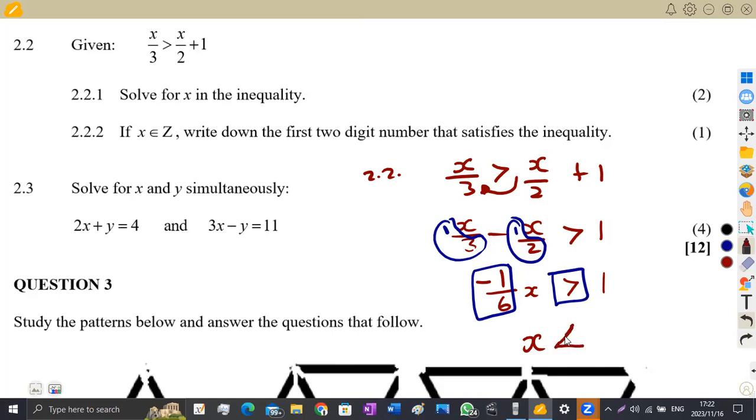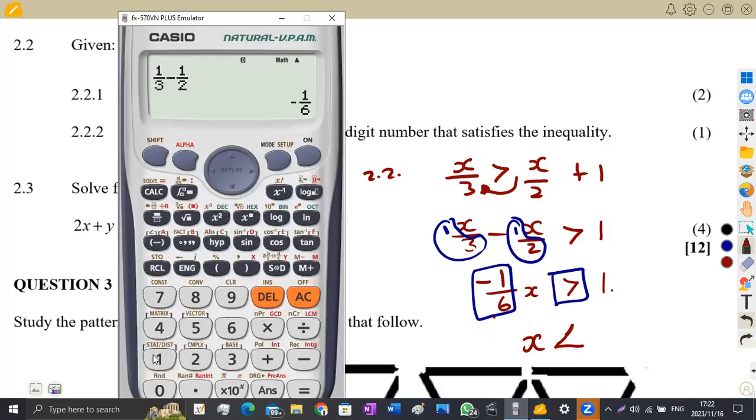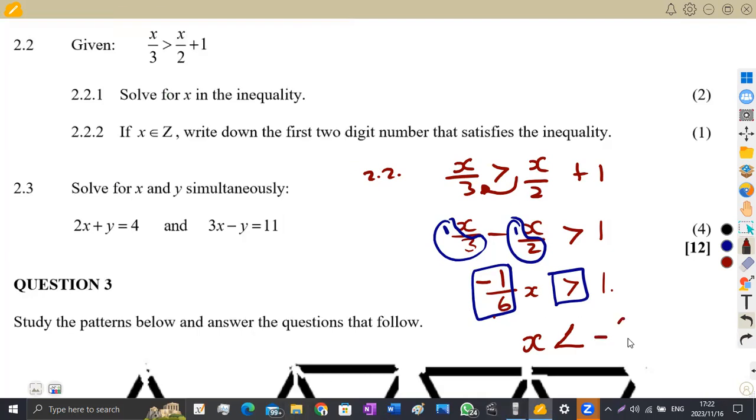So it means now x will be less than the answer that we are going to get if we divide 1 by this value. So it's simply 1 divided by minus 1 over 6. Remember, we are going to obtain a negative 6. So we are saying x is less than minus 6. That was supposed to be your solution at the end. x is less than negative 6.